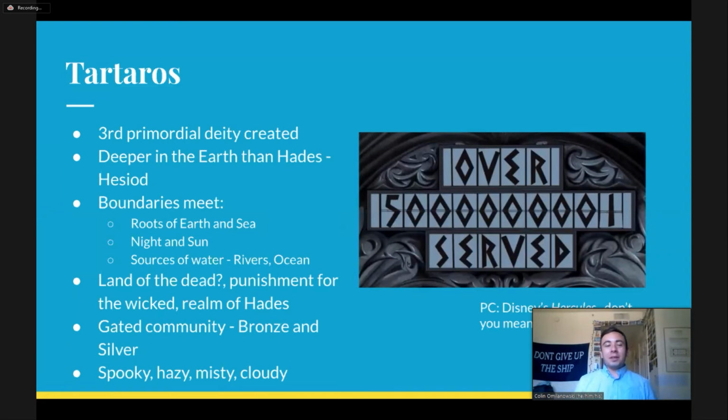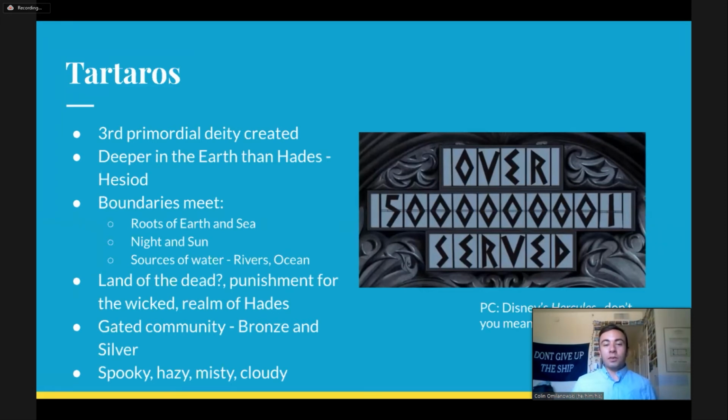Tartarus is interesting because this is where the boundaries of the world meet, according to Hesiod, where you imagine you could have the roots of the earth and the sea coming together, congealing together. You have the night and the sun together, where you have the dawn at one time, and then in the morning, and then the twilight at another.